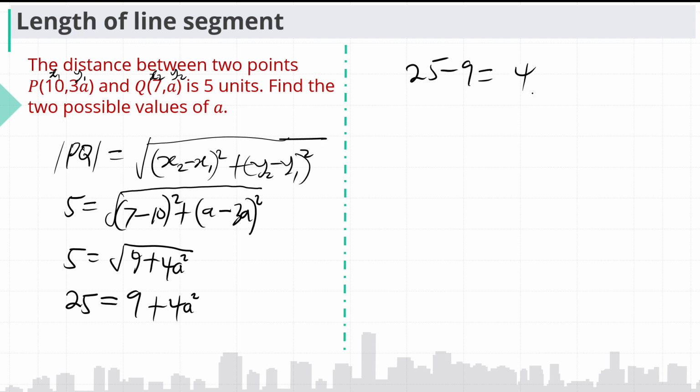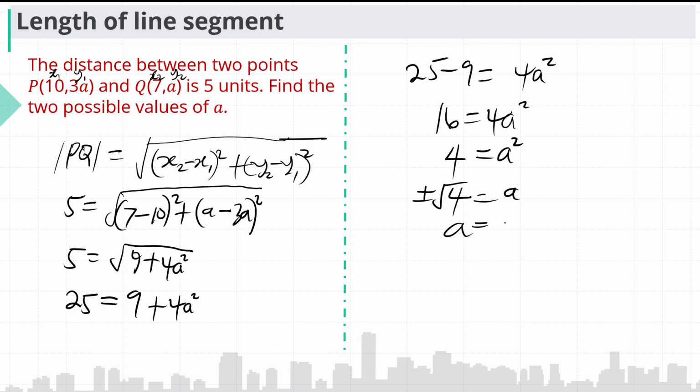So we now write 16 equals 4A squared. When you divide both sides by 4, we are going to get A squared equals 4. Now take the square root of both sides. We are going to get the value of A to be plus or minus 2, because when you do plus 2 squared, you are going to get 4.